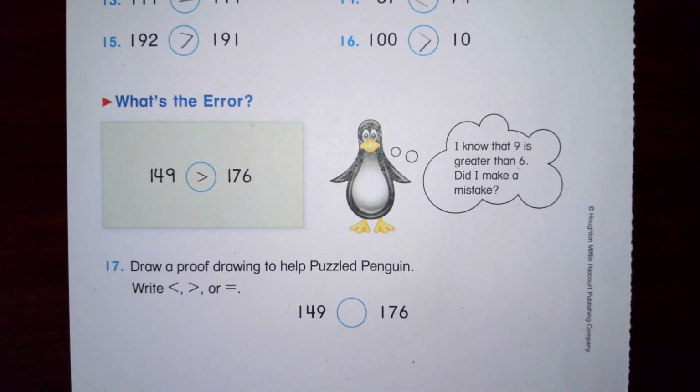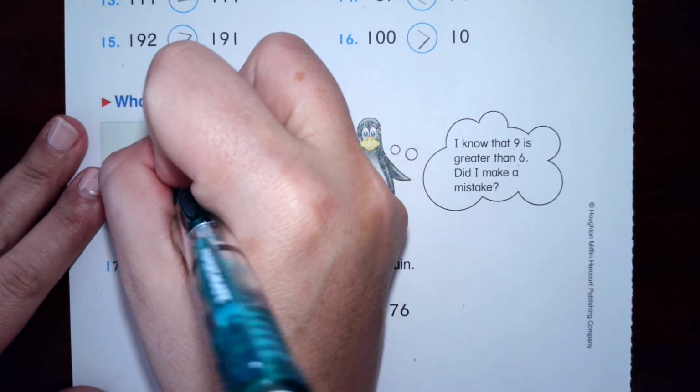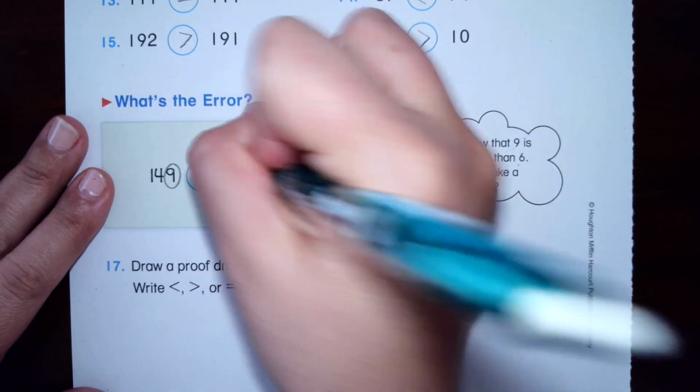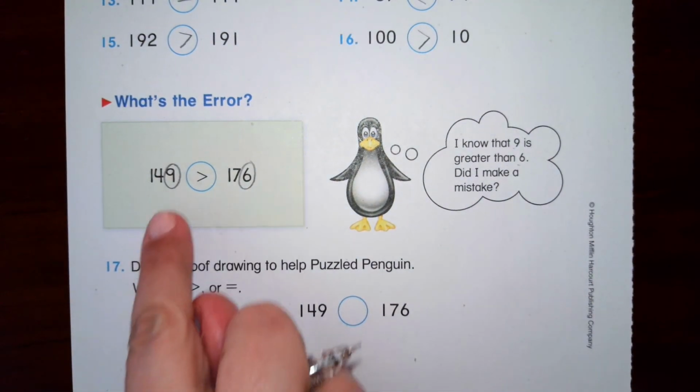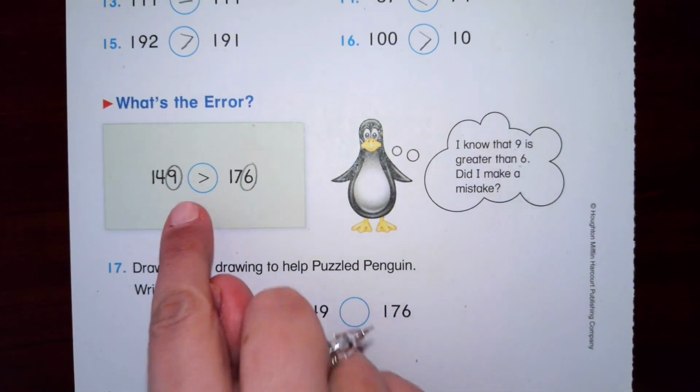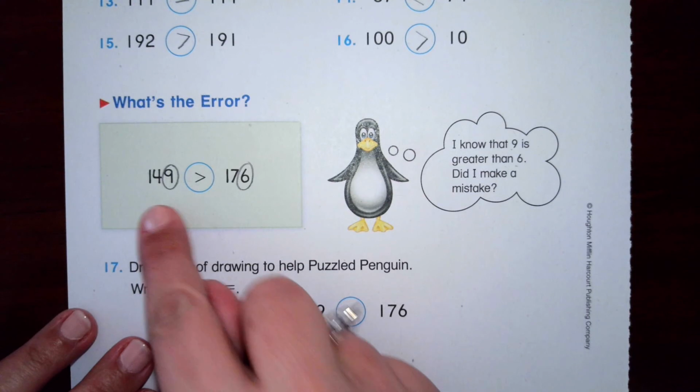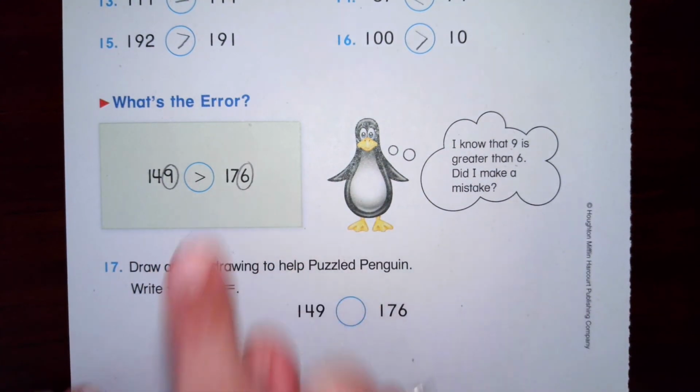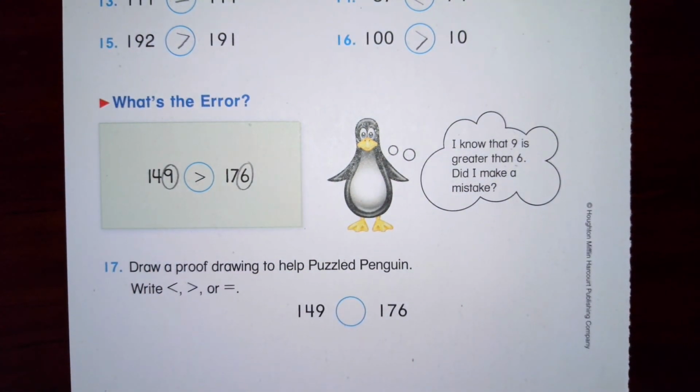Did I make a mistake? So Puzzled Penguin is looking at the 9 and the 6. And he says, 9 is greater than 6, so that means that 149 is greater than 176. Did he look at the right number? No. He's supposed to start on the left side, not the right side.